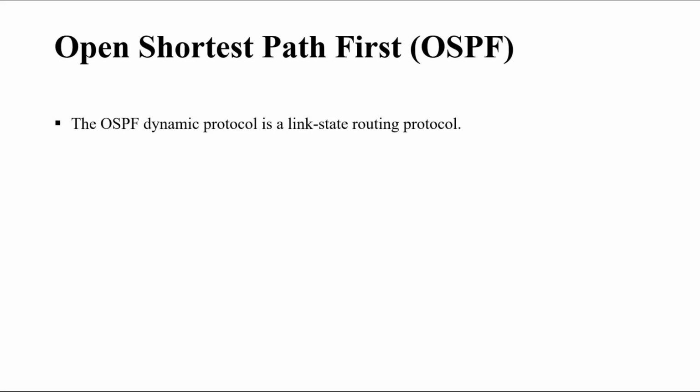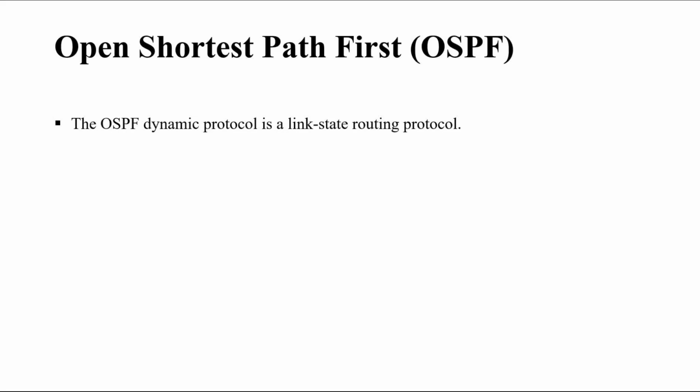It also supports unlimited hop count. But distance vector protocols support limited hop counts. RIP supports up to 15 hop counts. EIGRP supports up to 255 hop counts only. But OSPF supports unlimited hop counts.